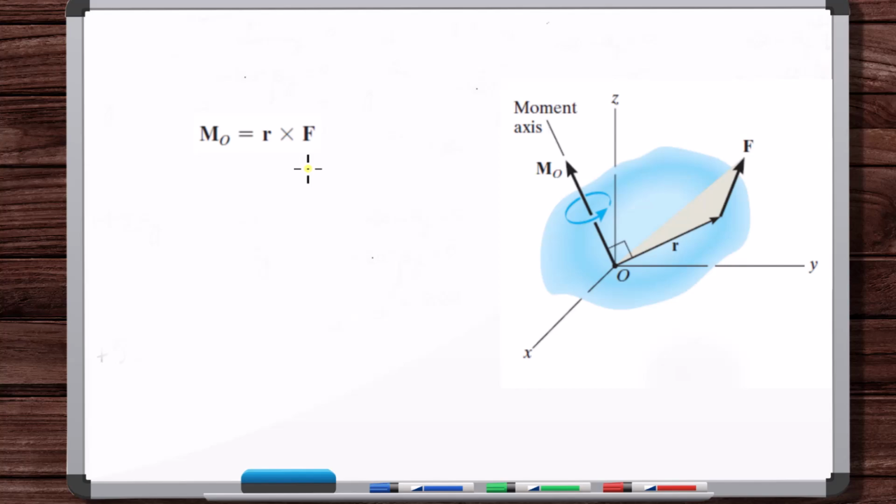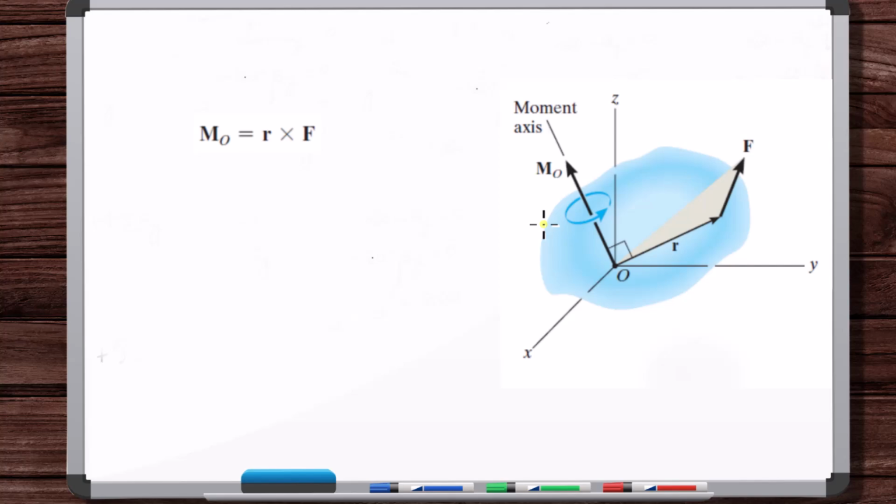Why does a moment have to be a vector? Well, the reason is that the direction of the moment vector is the axis of rotation. But how many different possible axes of rotation are there? There's infinite. Any vector in 3D space can be a moment axis. The magnitude of the vector, the length of the vector, is like the intensity of the tendency to cause rotation.